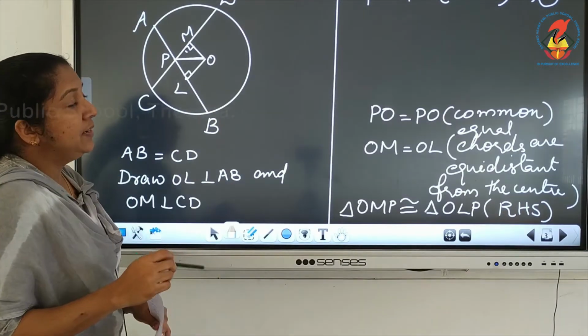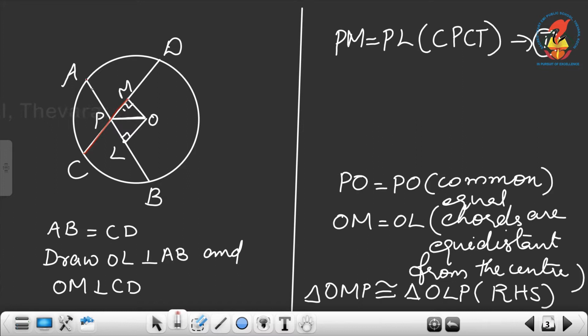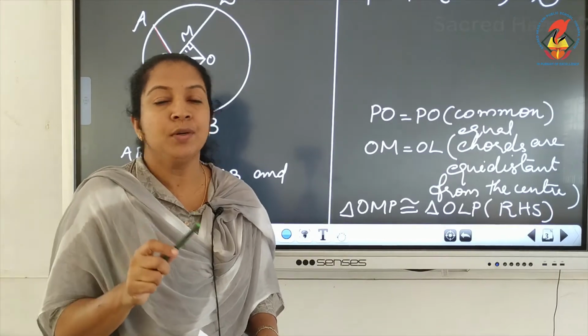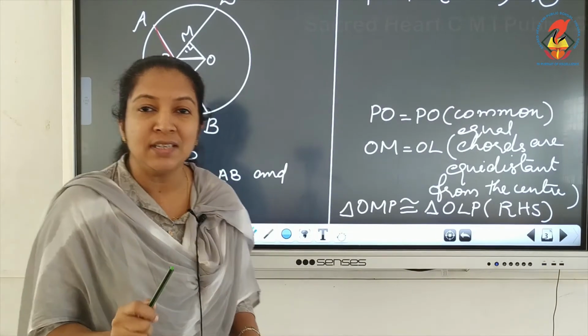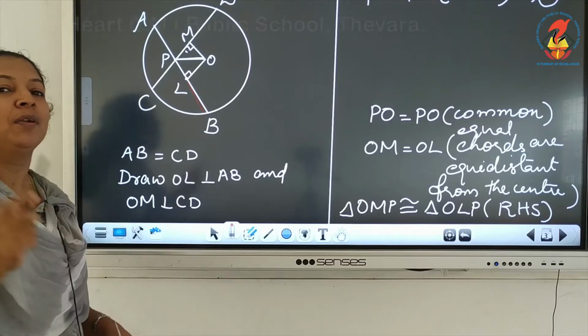Next, what about CM and AL? Are they equal? Yes, they are equal. Why? Perpendicular from the center to a chord bisects the chord. So CM is equal to MD and AL is equal to LB. But what is given?